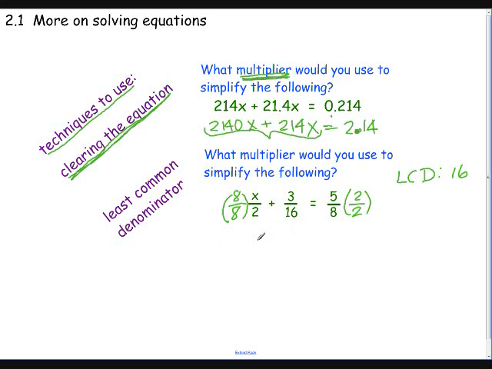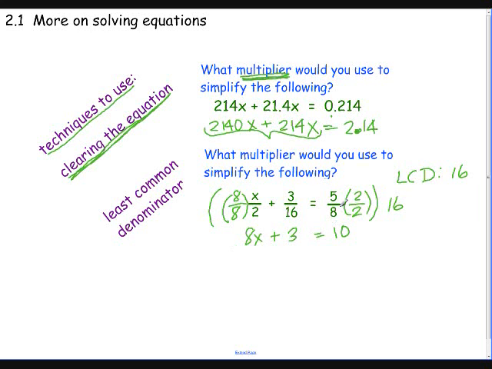Now there's some good news here. I'm going to have 8x plus 3 equals 10. This is over 16, and this whole thing is over 16. I'm not even going to bother to write it in, because if I multiplied this whole thing by 16, what would happen?